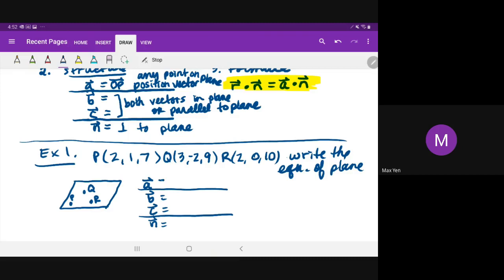Okay, so let's not write the actual coordinates, but let's just write the plan. So what's the plan for A? What was A again? Tell me what A is. Anybody? What's A? OP, exactly. Oh, you guys are awesome. So that's OP. Now, what's B?